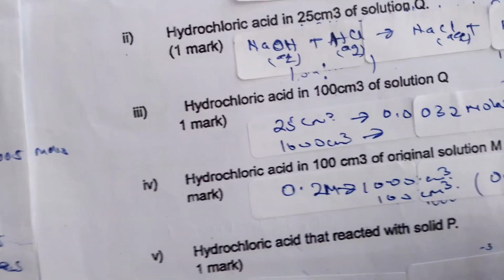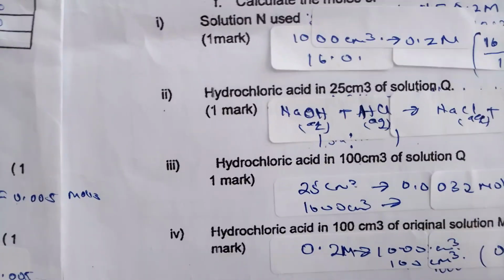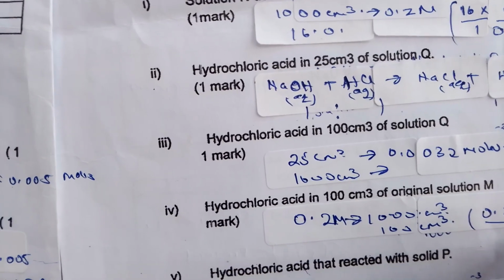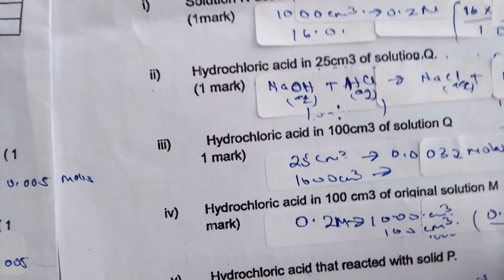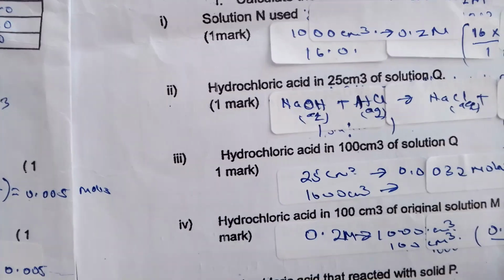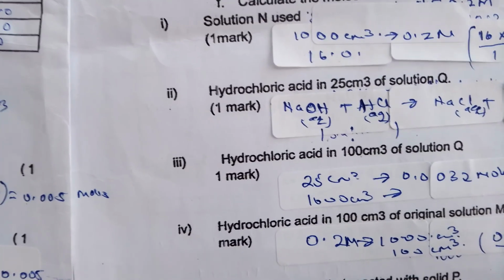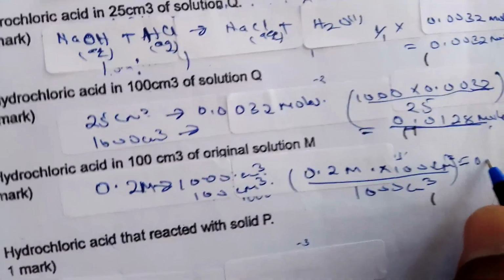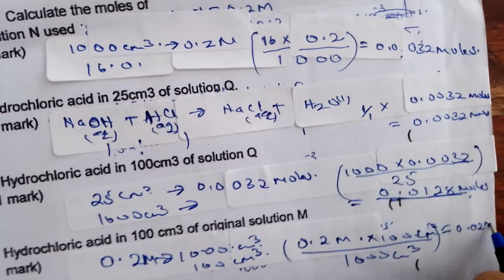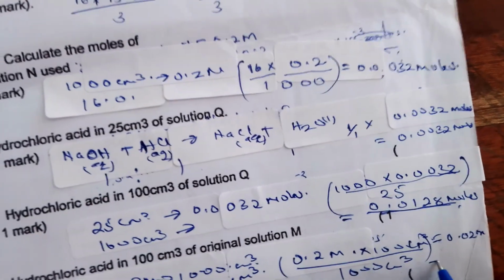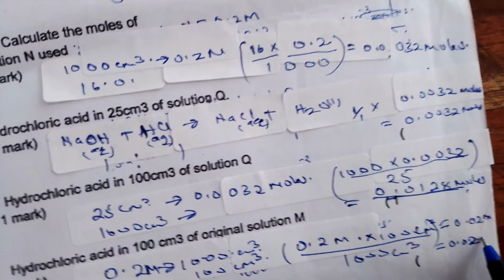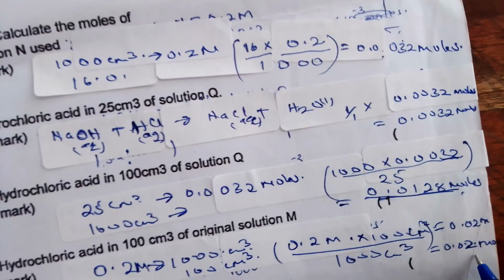And then we multiply it by 100 over 1,000 cubic centimeters. So if you do your calculations properly, you will end up with 0.02 moles.